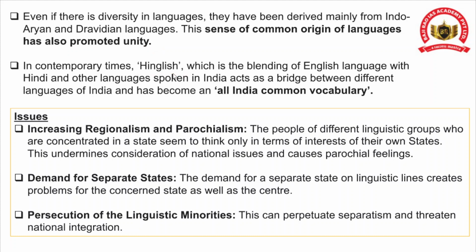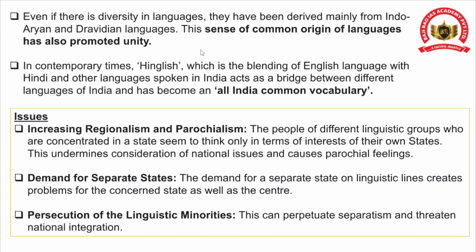Third, you very often come across the word Hinglish. Okay, so this is a modern term where English and Hindi are being used together in conversations. In modern day conversations, both English and Hindi are being used, and it is very often called Hinglish. So nowadays, English has become a bridge language. It has been connecting people from different parts of the country, whether Northeast India, South India, or Northern India.